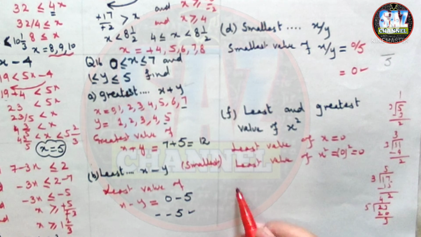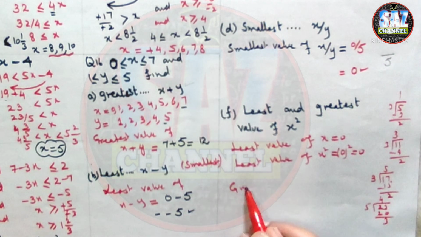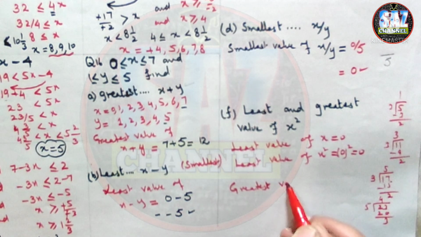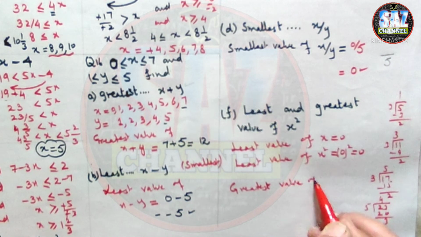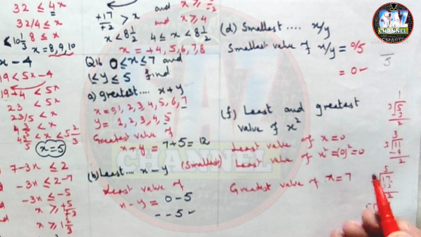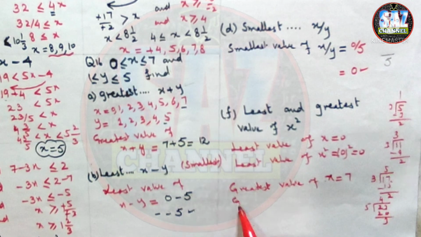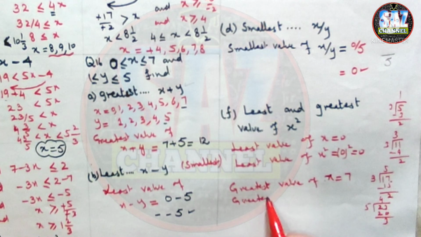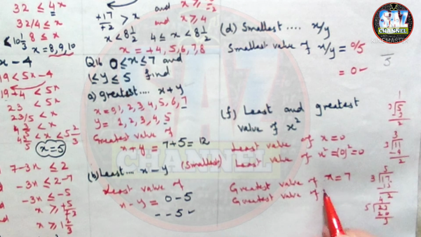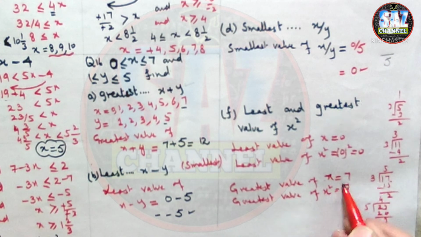And the greatest value of x is 7. So when I take the square of this, the value of x square is 7 square, which is equal to 49.